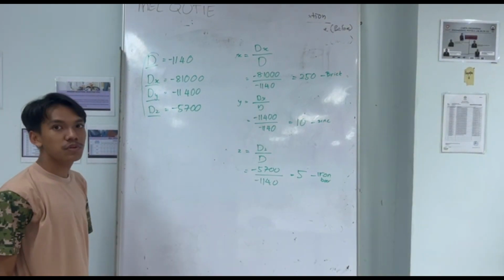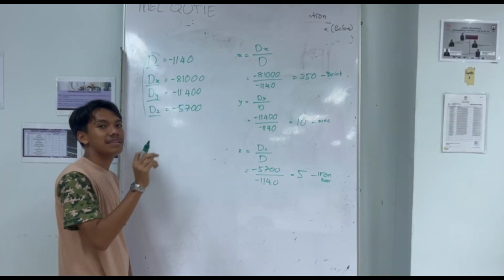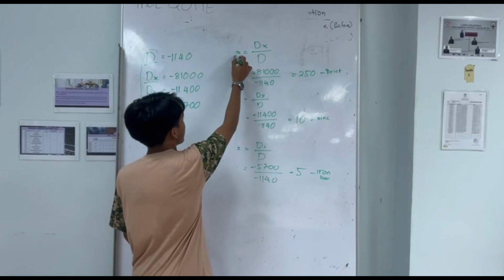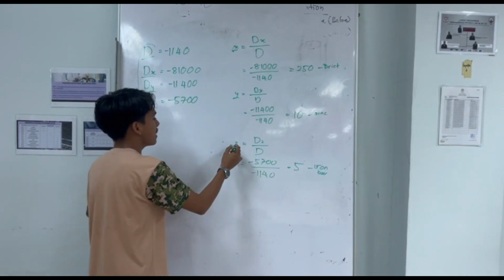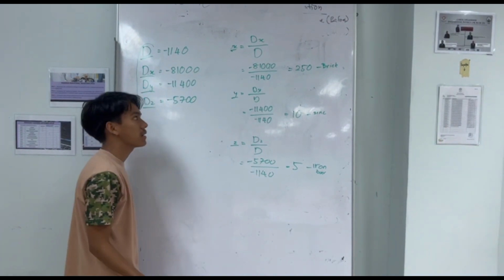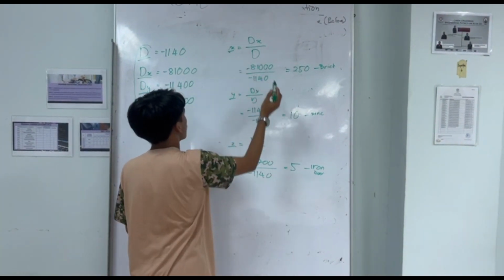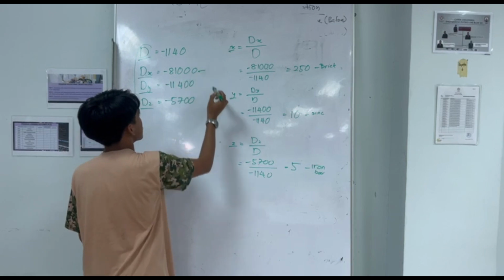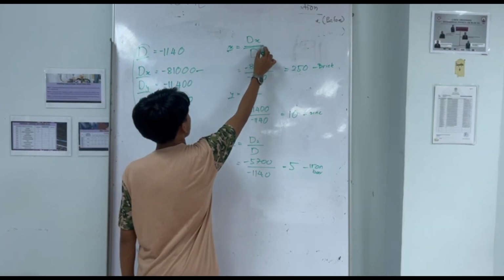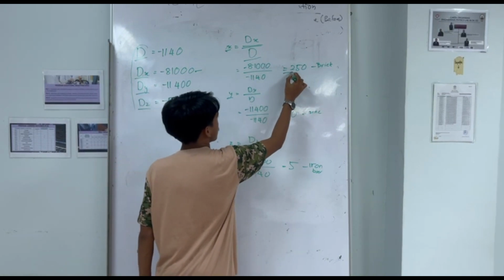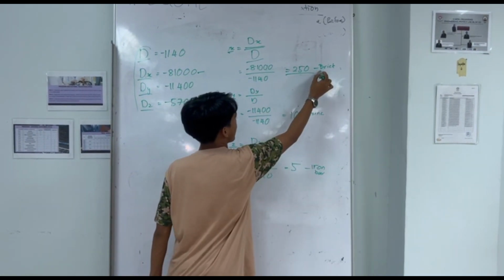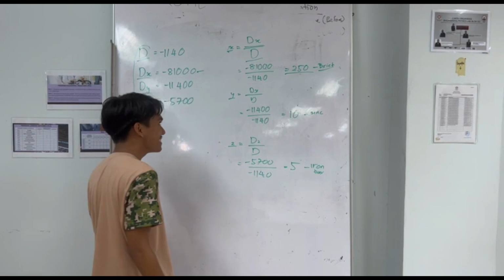The question asks us to find the price of each item. Now x is for brick, y is zinc, and z is iron bar. The formula is determinant x divided by the original determinant. So we get 250 ringgit for each carton of brick.